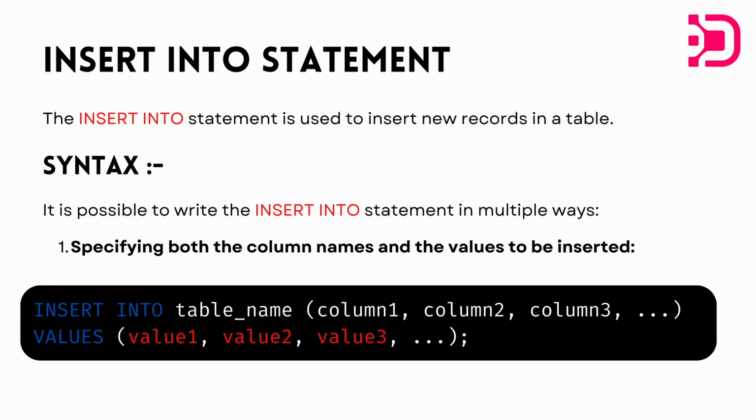Then we close the brackets once we've listed all the column names, and in the next line we write values, and then open another bracket and insert the list of values that we want to insert into the table. It's very important that the order of the columns that we've given in the first bracket list is the same as the order of the values that we want to insert into the respective columns. You'll get an idea of what I mean when we look at the demo. I'm just opening SSMS now.